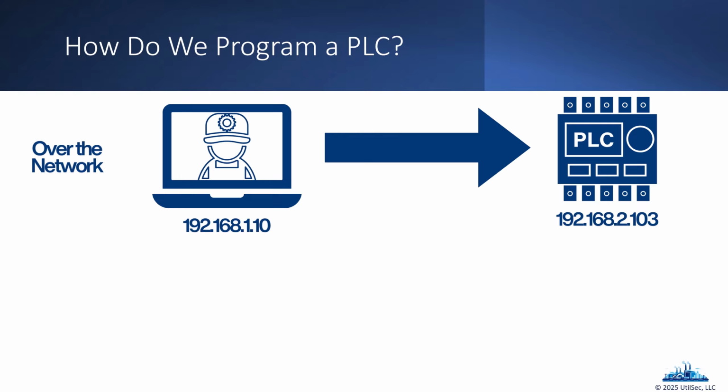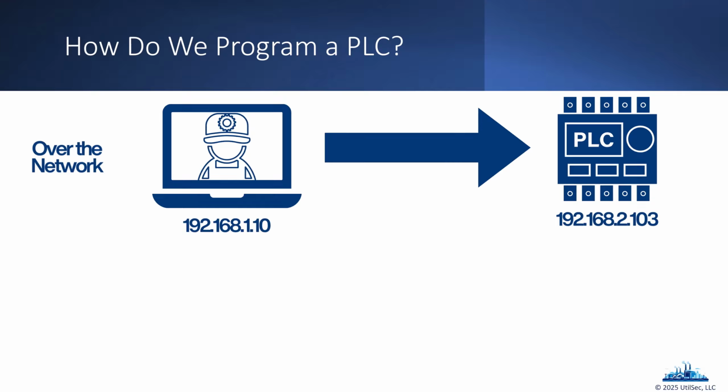If that PLC is configured to allow remote connections to come in and program, and here you can see it's at 2.103, of course, that's where we get a lot of risk from a cybersecurity perspective. Because if that engineer can connect to 2.103, what if there's an attacker on that network?